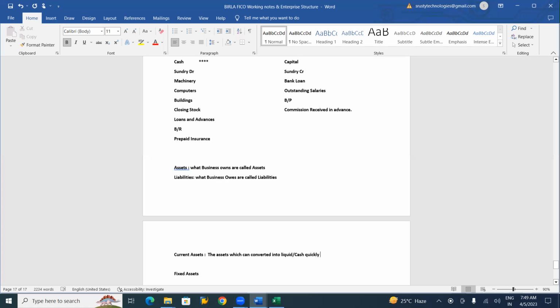Those assets which can be converted into cash quickly are considered current assets.